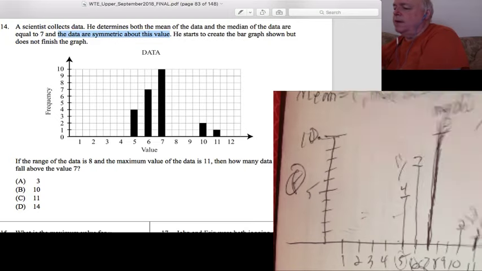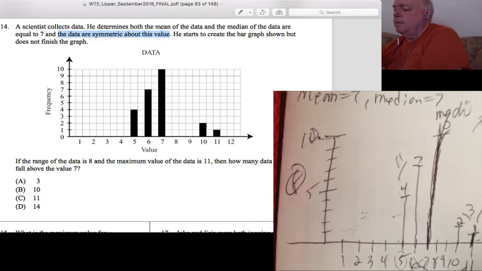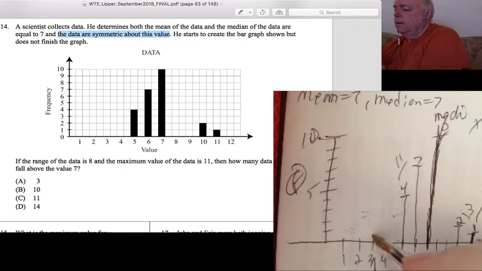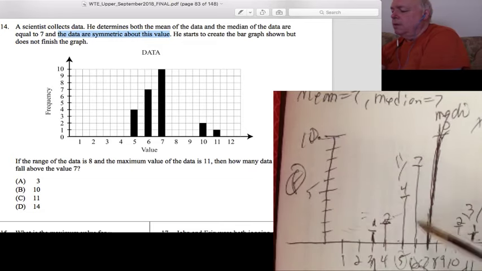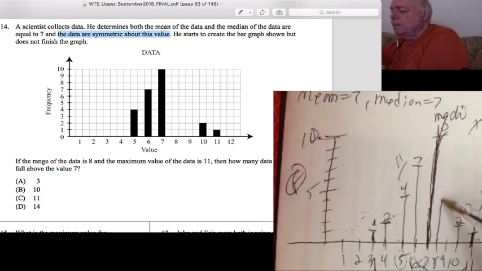If the range is 8, that means there's something here at 3. But if the data is symmetrical, then this is going to be 1. And the one next to it's going to be 2. And that means also on this side, that's going to be 4. And this here is going to be 7.